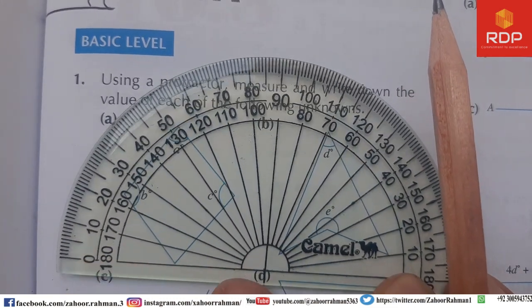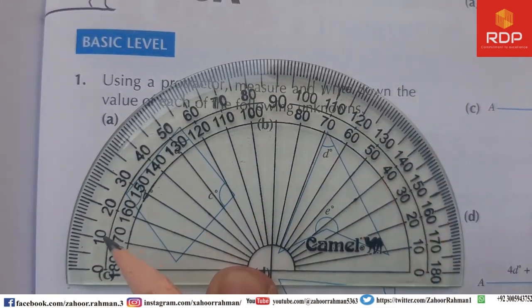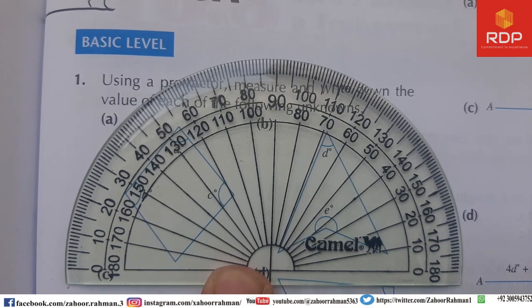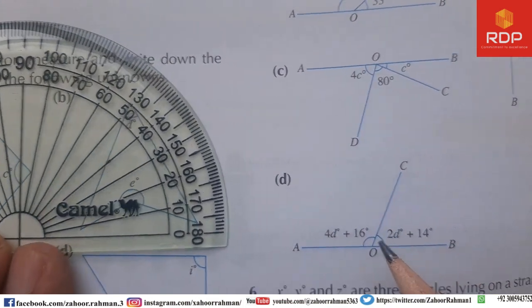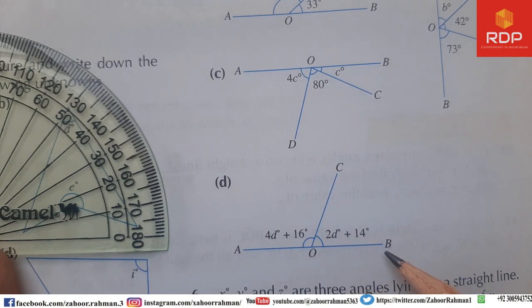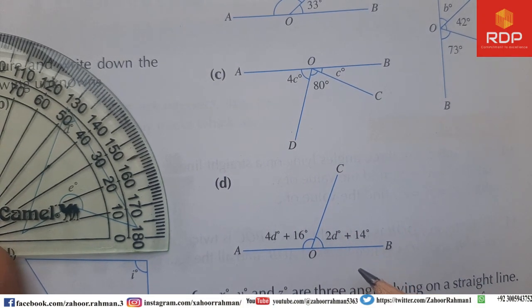You will be wondering why from this side 0, 10, 20, 30 is there when there is also on this side. Ladies and gentlemen, sometimes, if you can see here, we are measuring the angle on this side.